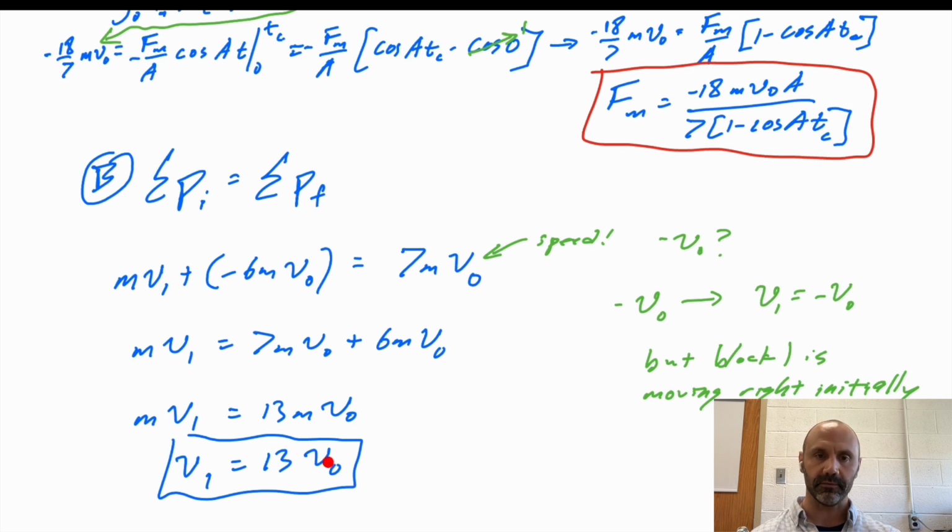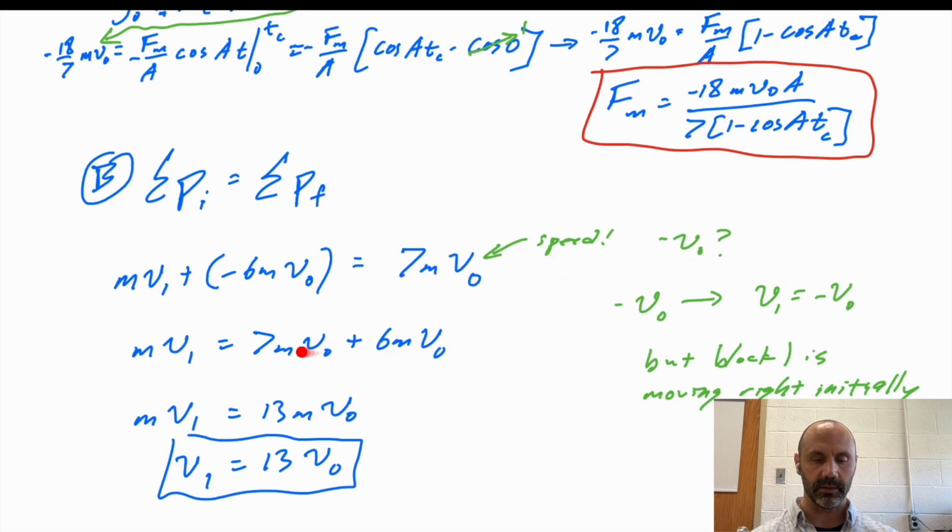Okay, so now what if we make v naught negative and plug this in?